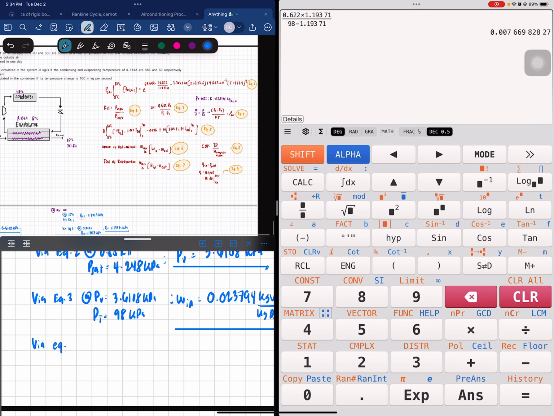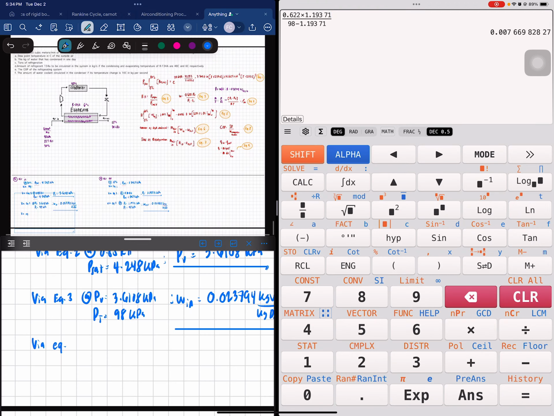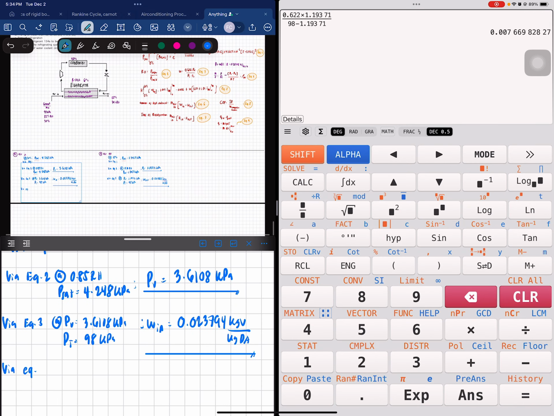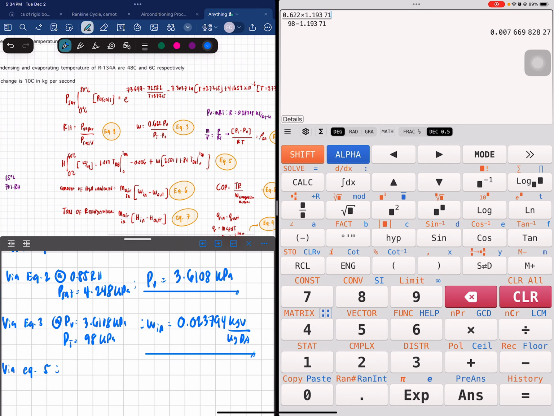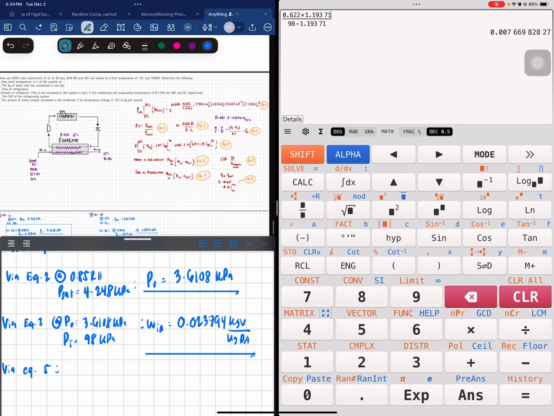equation 5, I'll not put the given, we can just use equation 5 with all the conditions of air going in and air going out.